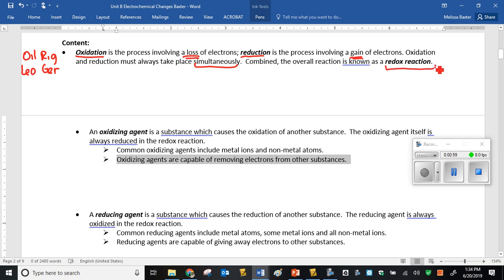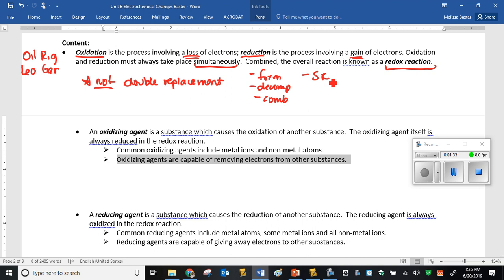And very frequently, there's a question that simply asks you to identify which of the following reactions are actually redox reactions. So remember, not double replacement. The other types of reactions that we saw in the first unit and this one, like formation, decomposition, combustion, and single replacement, would all usually classify as redox reactions.